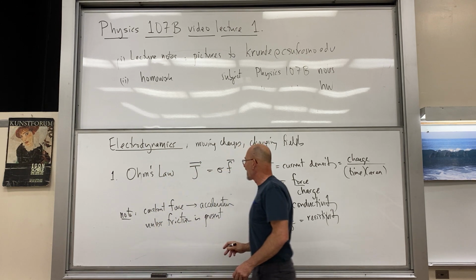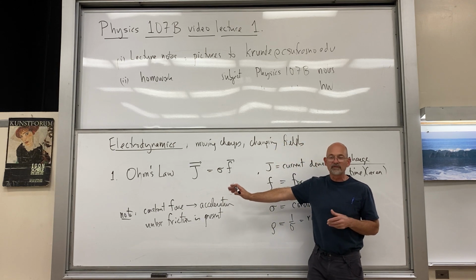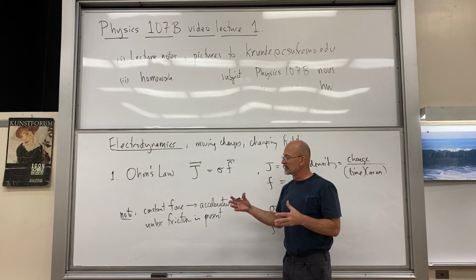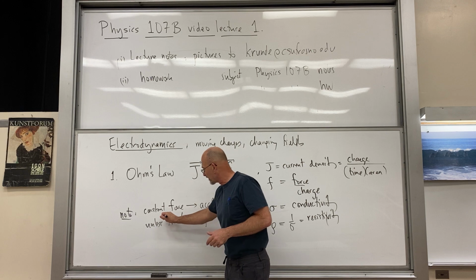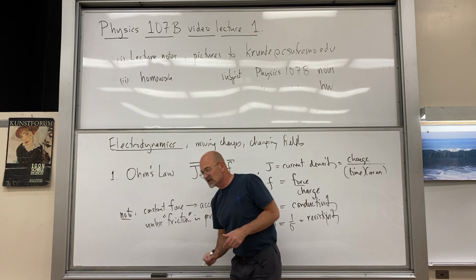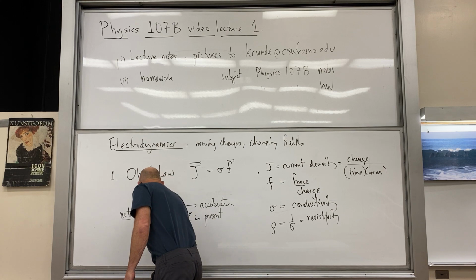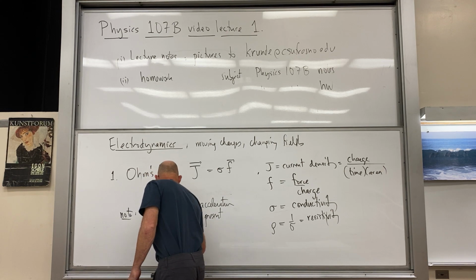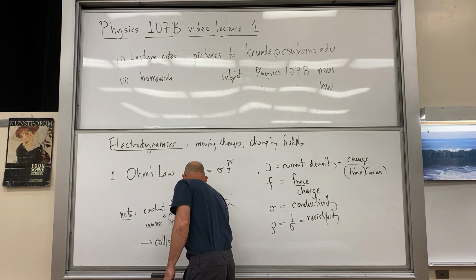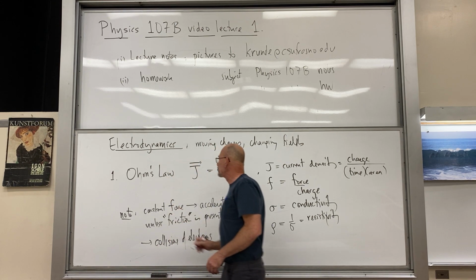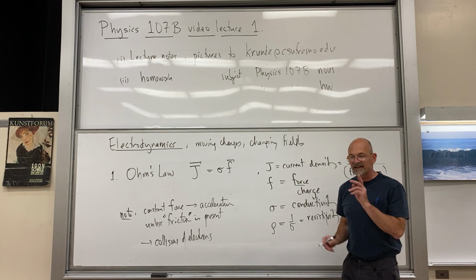And in the case where you have a swarm of electrons drifting around, then the friction, what we're calling friction here, in scare quotes, is due to collisions of the electrons. And that gives rise to an interesting little calculation that the author does.